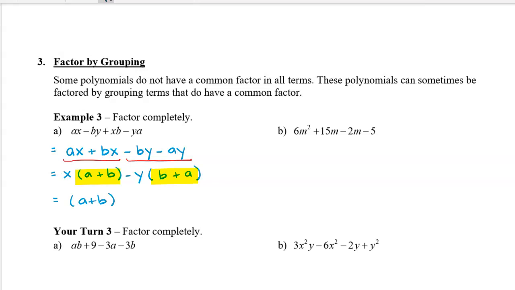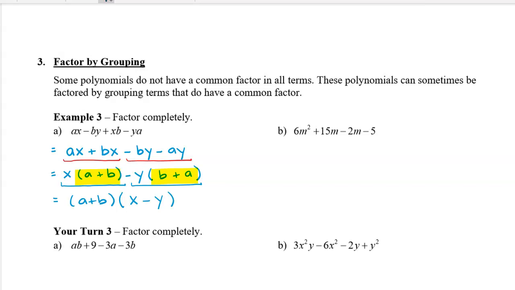When I factor that out of the first term, this giant first term here, I'm going to have my x left. So I'm going to open up a bracket, and I'm going to have x. And then in the second big term, I'm going to have a minus y left. And then I'm going to close my bracket. This is similar to factoring a GCF. It's just that my GCF here happens to be a binomial GCF, a plus b.